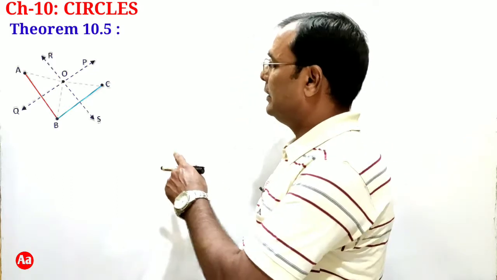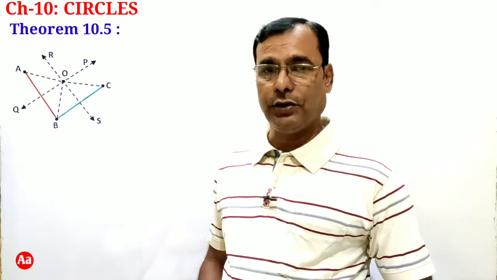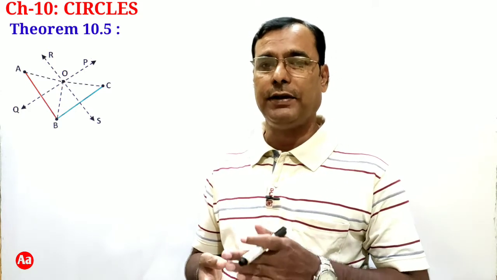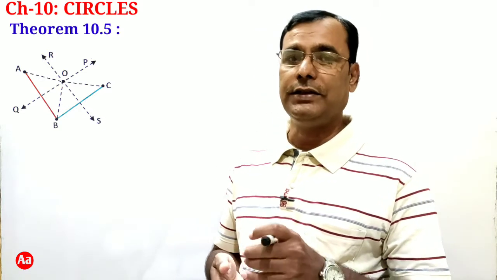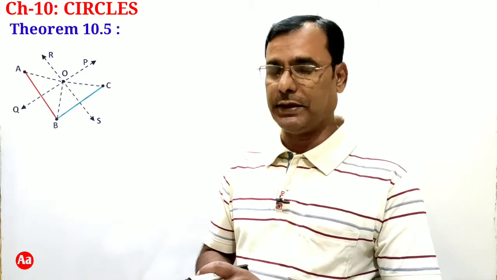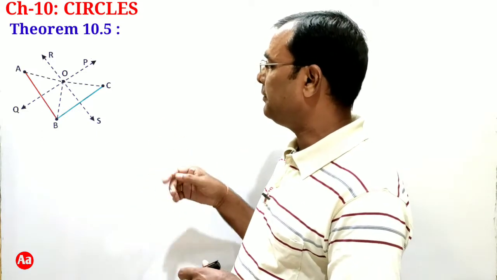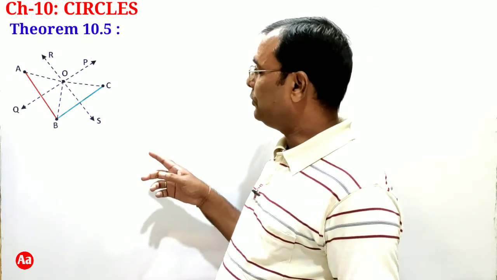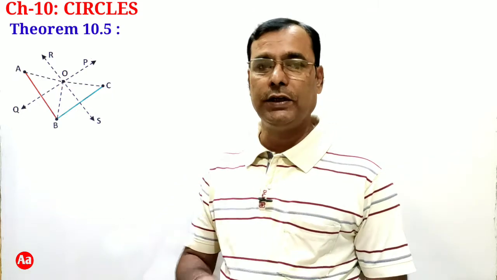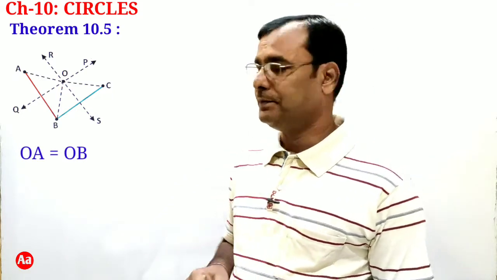Therefore, OA will be equal to OB because every point on perpendicular bisector of a line segment is equidistant from the end points of the line segment. So distance of O from A and B will be equal, that is OA will be equal to OB.